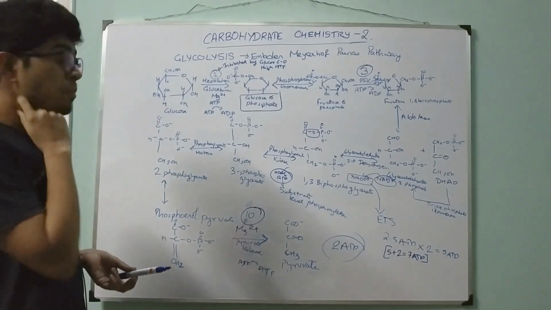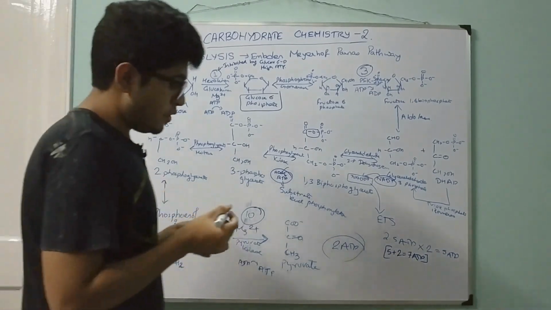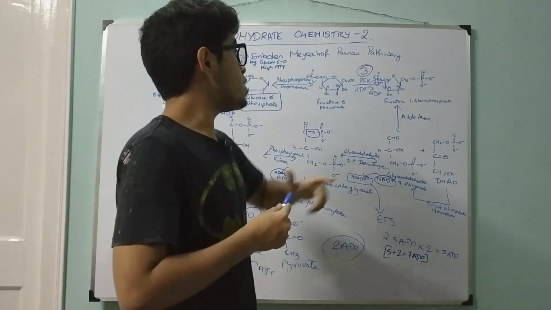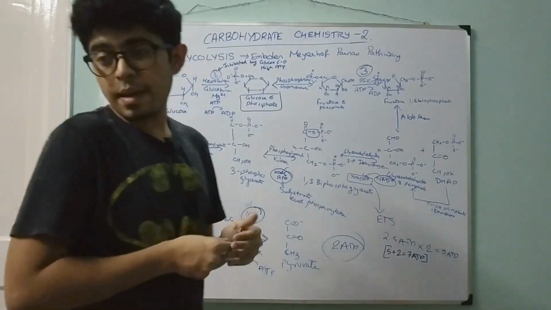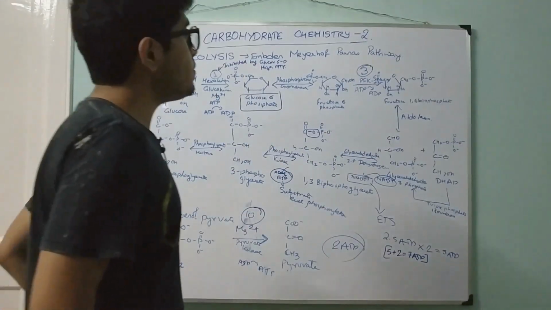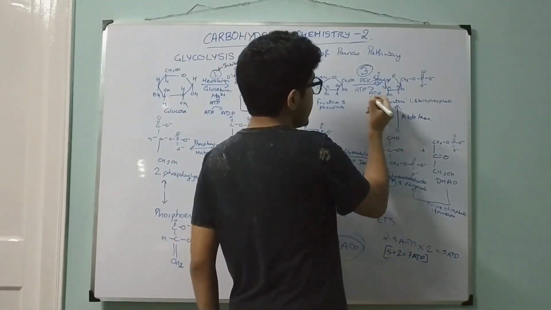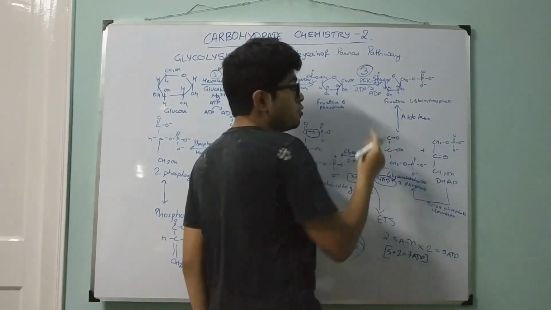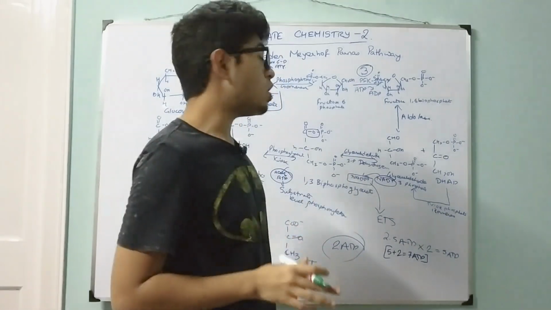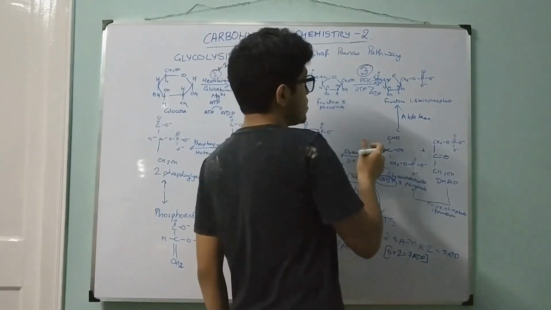Now we come to the most important step, which is the regulation of the phosphofructokinase step. The regulation of the phosphofructokinase step is a reaction regulated by the two major glucose metabolizing hormones, glucagon and insulin.